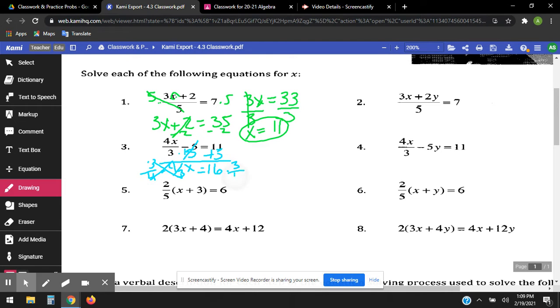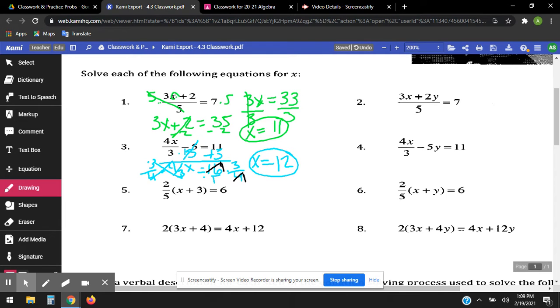What I do to one side, I have to do to the other side. So x equals 16 times 3. I could do that, but let's cross cancel. 16 divided by 4 is 4. So 4 times 3 is 12. So I should have an answer of 12 for this one.